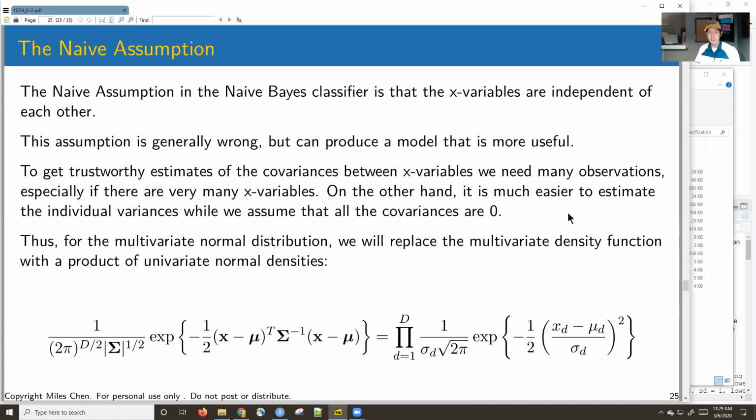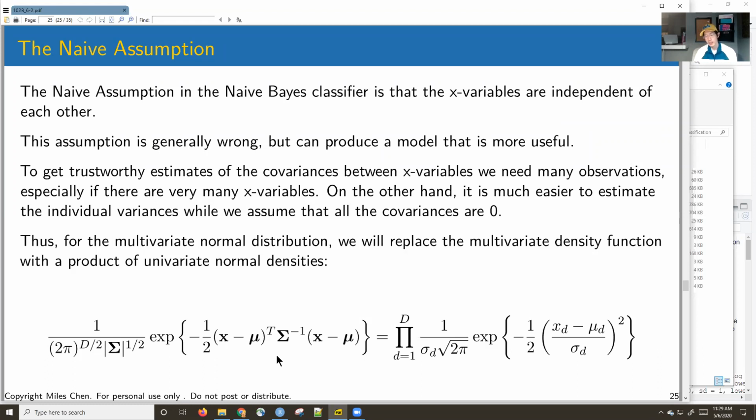But here, to make our lives easier, we intentionally make this bad assumption that the x variables are all independent of each other. The reason we would do that is we end up getting something a little bit more useful. For one, in the case of the multivariate normal, it's not that big of a deal. We understand the multivariate normal quite well, and we can calculate the probabilities.